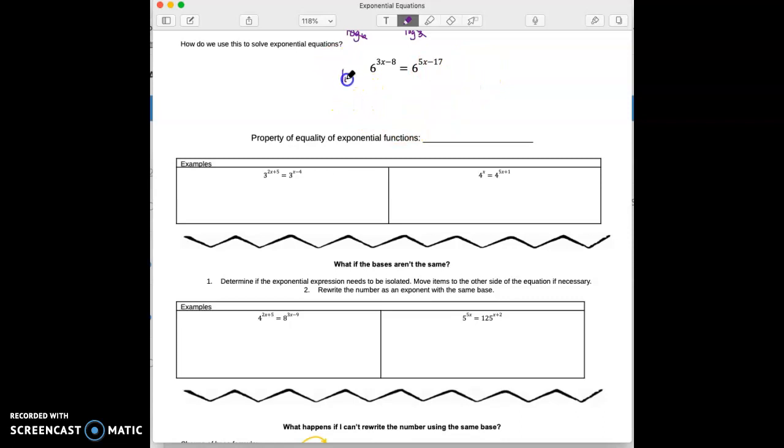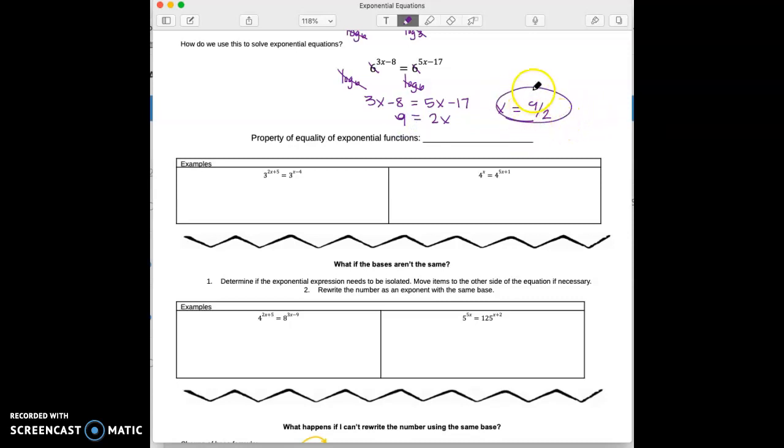If we take our log base 6 of both sides, because again, what I do to one side, I have to do to the other, that would allow us to cancel the base of 6, and then we would just be working with our exponents. And we notice that's just a nice, simple equation we've been solving. So I could subtract the 3x from the 5x to get 2x. I could add the 17 to the negative 8, which would give us 9. So x would be equal to 9 over 2.